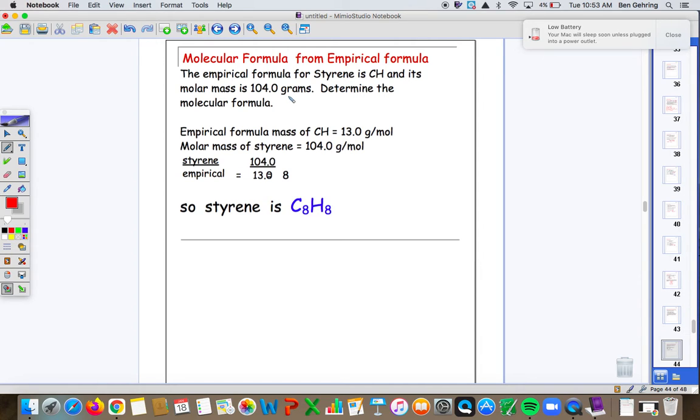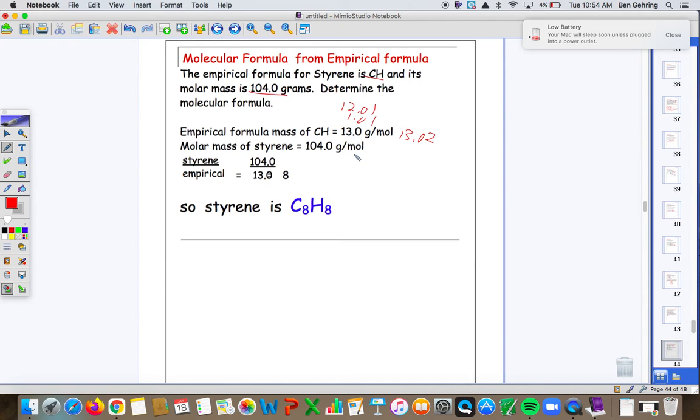Determine the molecular formula. Okay, so we know that the empirical formula is CH. So now we need the empirical formula molar mass, empirical formula weight. Okay, so we have CH is 13.0 because carbon is 12.01, hydrogen is 1.01, so I would tell you it's 13.02, but that's close enough there. Styrene, it says 104 grams.